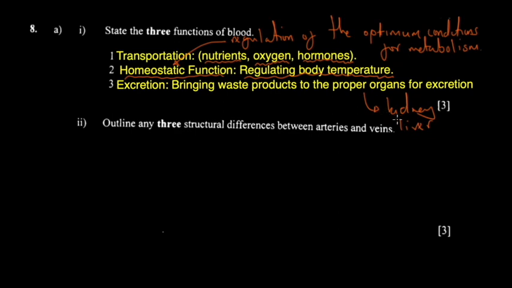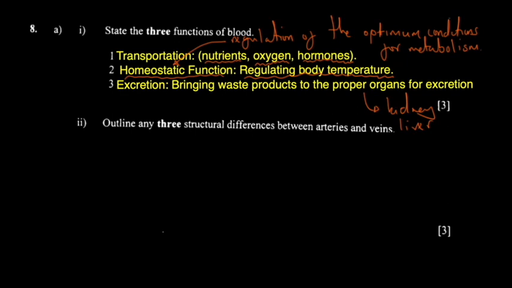These are the organs of excretion. So it brings the waste products there. Also the lungs, because carbon dioxide goes to the lungs. So that's another part of the functions of blood.